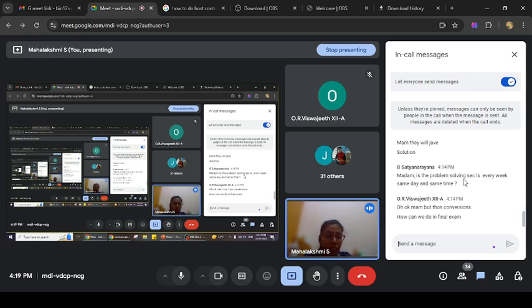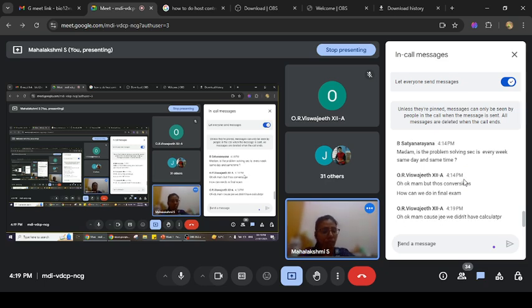You can use the system calculator, and then you can work out in the rough paper, and you can choose the right answer in the system. Okay. Formulas will not be given. All these things you have to think. Yes, like that only. You will have the calculator in your system. You have to use digital calculator.